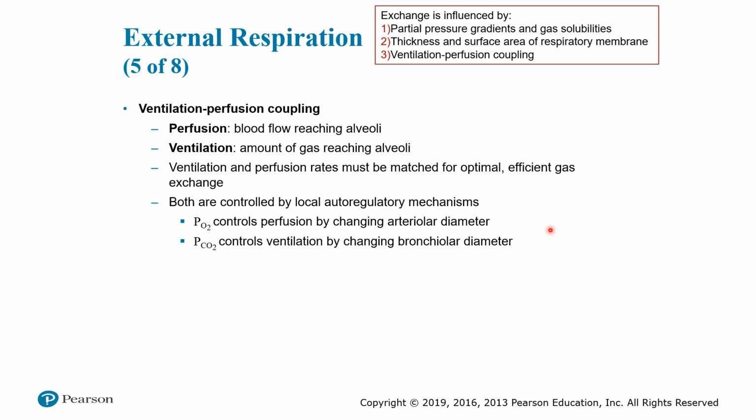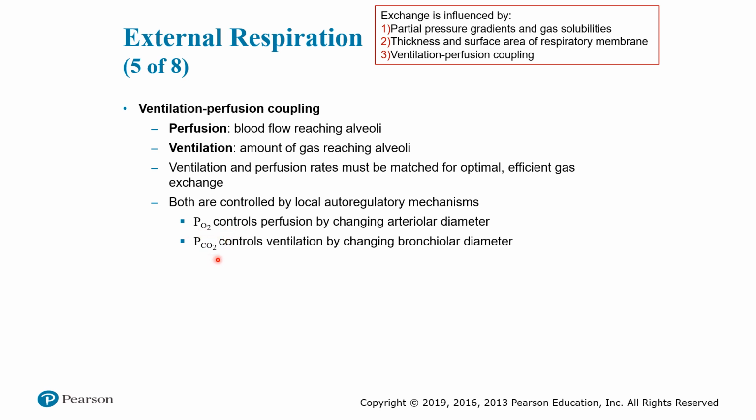And these arterioles can constrict or they can dilate, and when they constrict, the blood flow in the capillary bed decreases, and when they dilate, the blood flow in the capillary bed increases. So these arterioles are controlled by the partial pressure of oxygen.